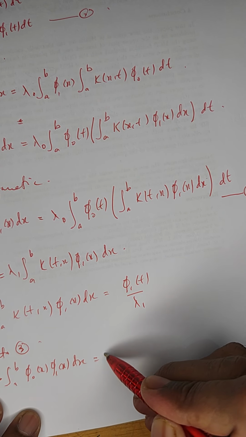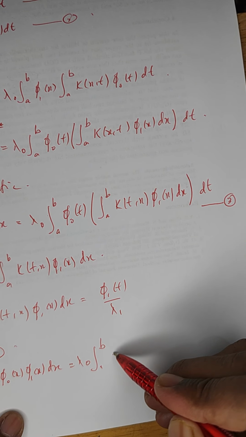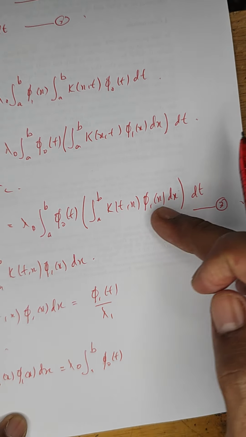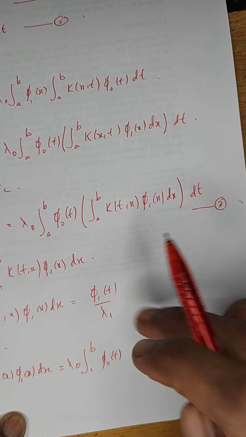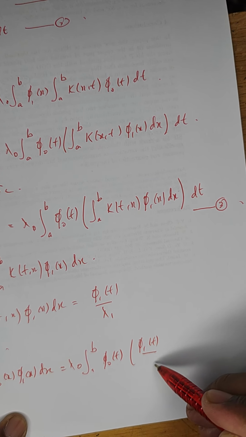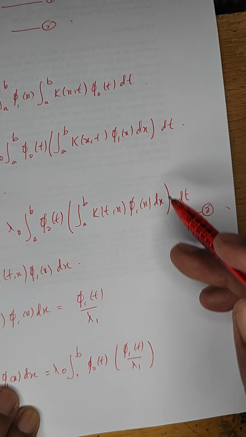This is equal to lambda naught times the integral from a to b of phi naught t times phi 1 t over lambda 1 dt.